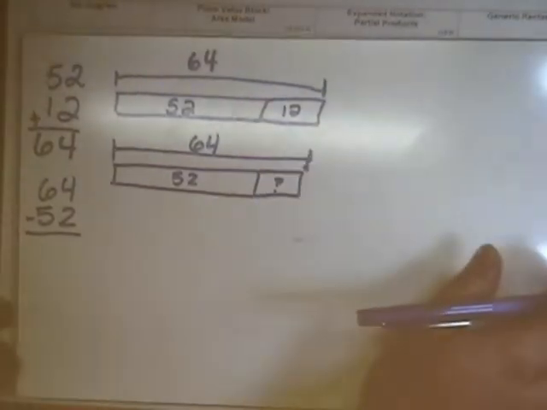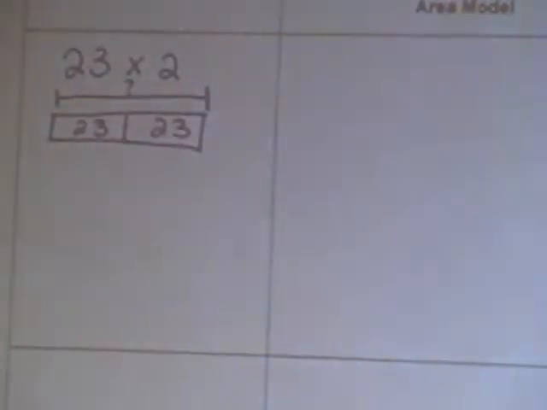For multiplication, we try to show them that they're equal parts. So I'm going to move to a new problem of 23 times 2. In this problem, I want to show the students that I'm going to have two equal parts of 23 together to make some mystery number.